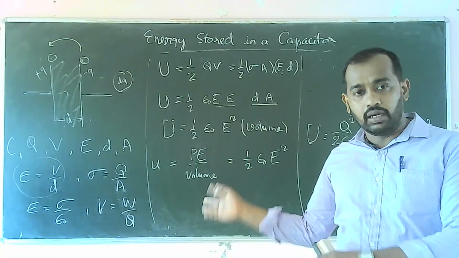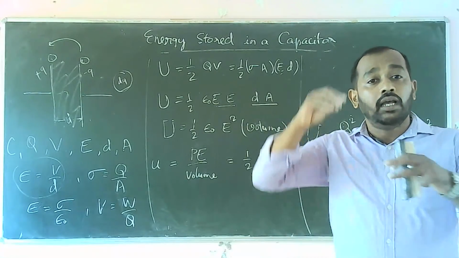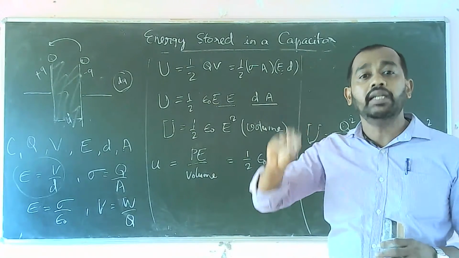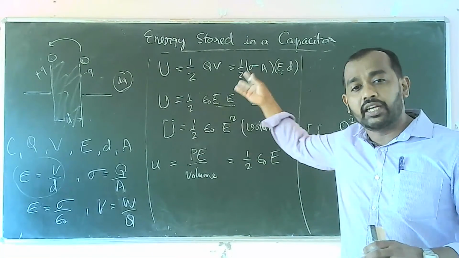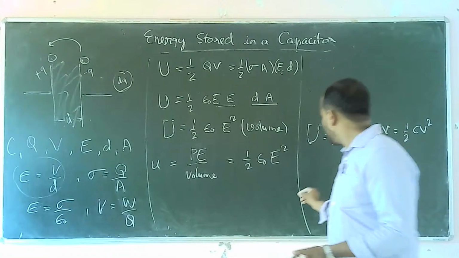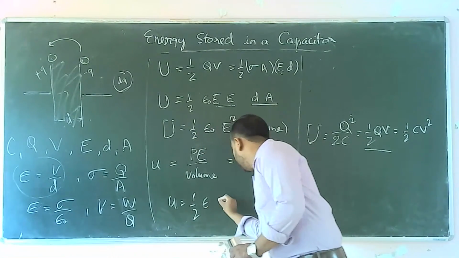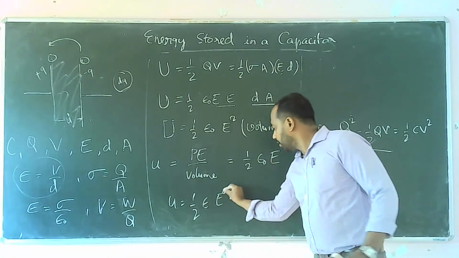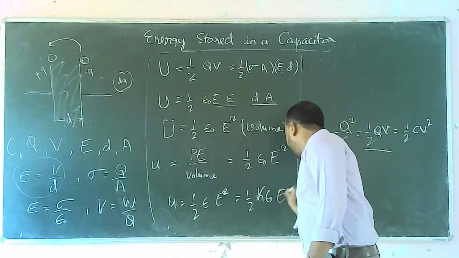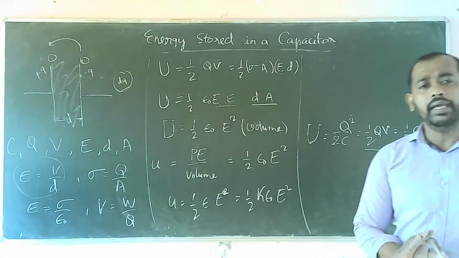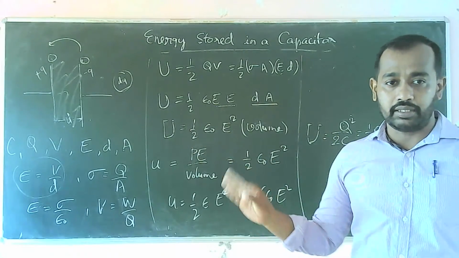If the electric field is null at that point, the energy density will be zero. Even if the charges are distributed in a given medium with permittivity other than that of free space, then the expression for the energy density will be written as half epsilon into E square, or it will be equal to half K into epsilon naught into E square. Simple like that.